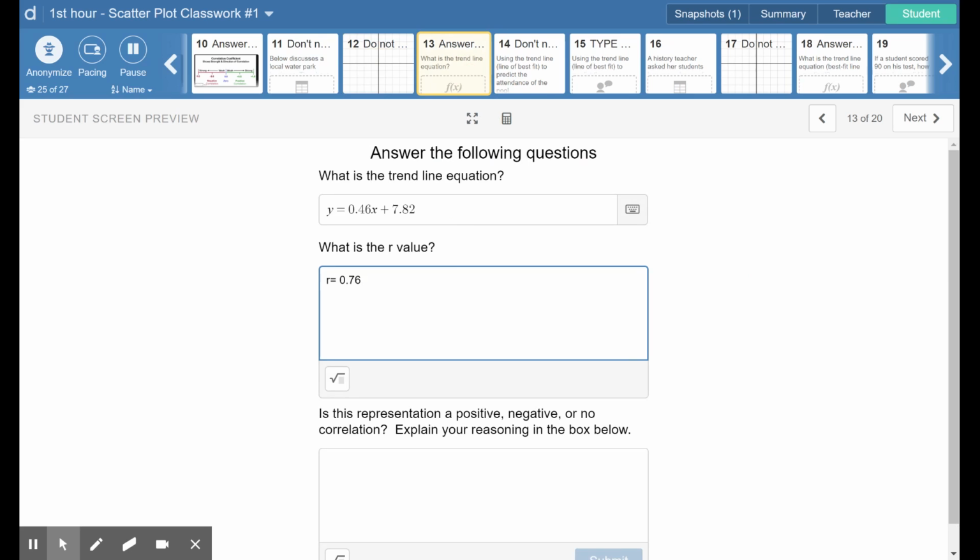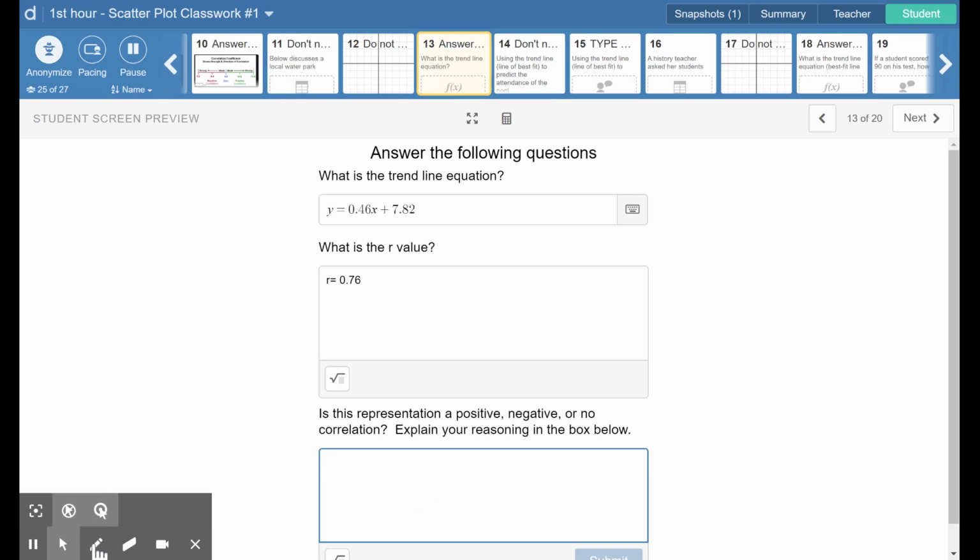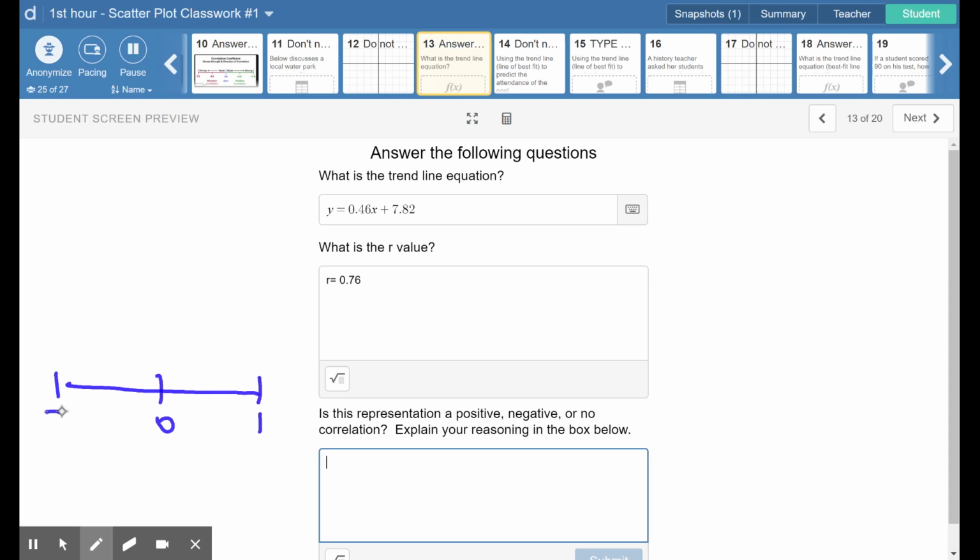And how does this, if you were to draw the number line, remember negative 0.5, positive 0.5, 0.76 would be here, and that is the strong.